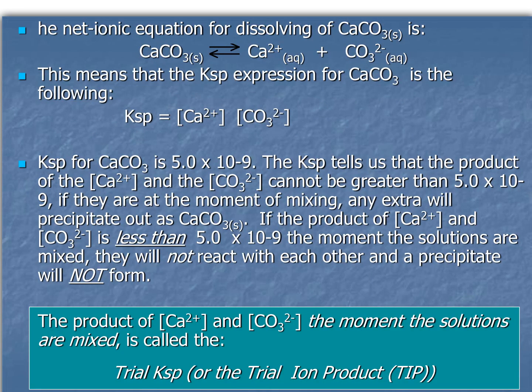So let's write our net ionic equation for the only possible precipitation reaction. Remember I told you that for all equilibrium concentrations and all equilibrium expressions, they always need to be in their net ionic form. We got rid of the spectators of sodium and nitrate.